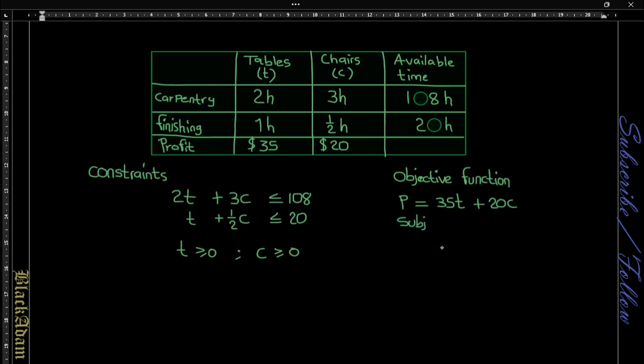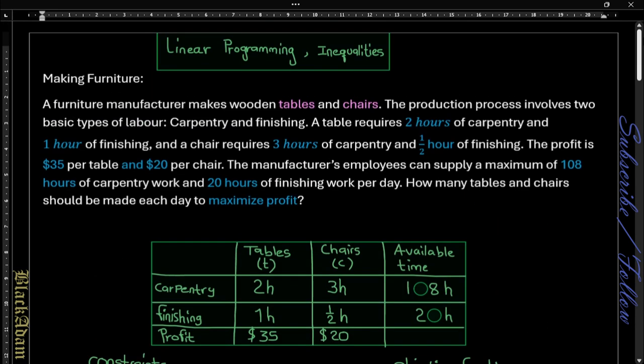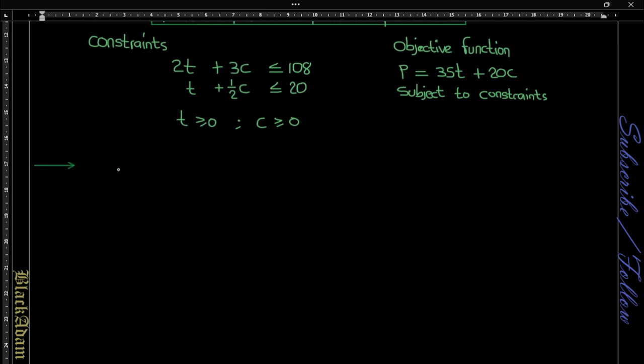Subject to the constraint. So the constraint is time, so we need to make that profit under the constraint of the allocated time. So we start with that equation, and that's going to be 2t plus 3c is less than or equal to 108.